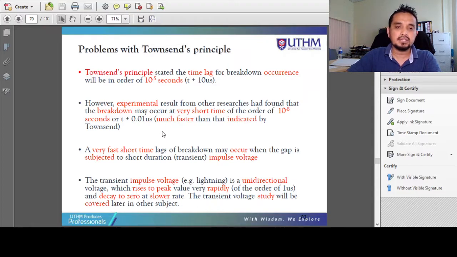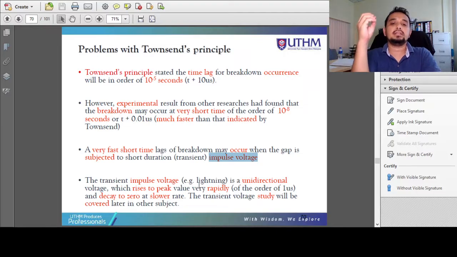So what we can conclude is that the Townsend experimental work cannot describe phenomena under a short duration of time, or in other words transient, which in high voltage terms we call the impulse.